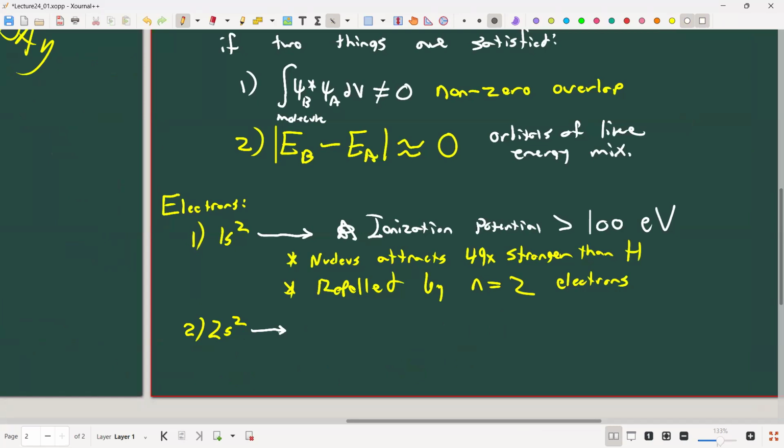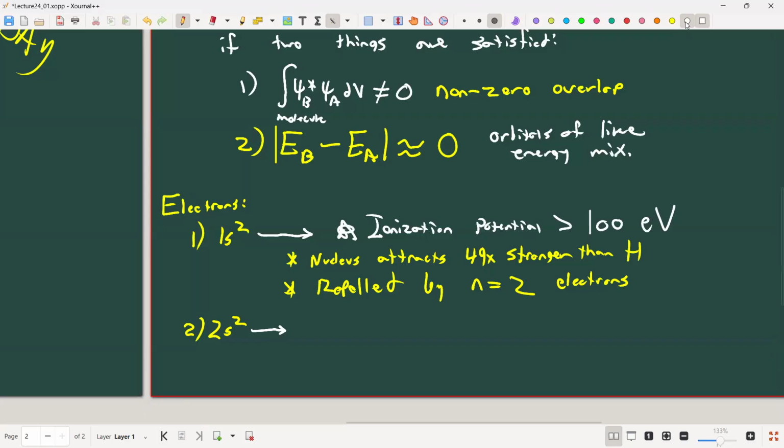Underneath the valence, there is a core of 7 protons. But underneath it are also 2 electrons, the 1s2. So what the 2s2 electrons actually see is not really a core of 7 charge, but a core of 5 charge, because the electrons underneath it cancel out some of that charge.